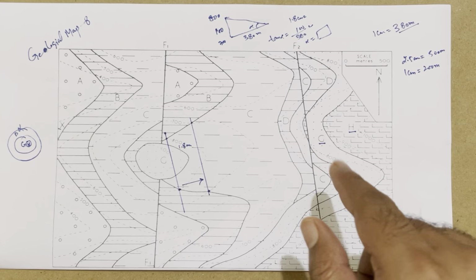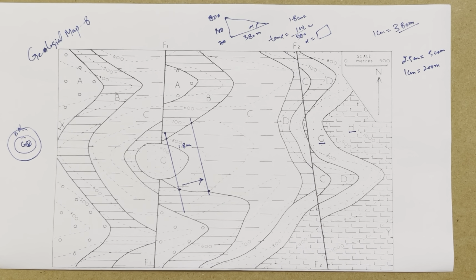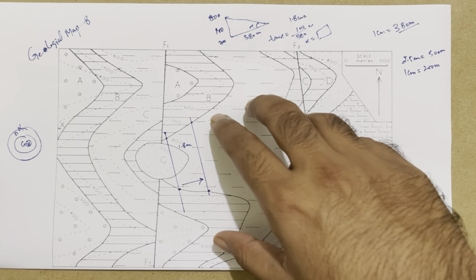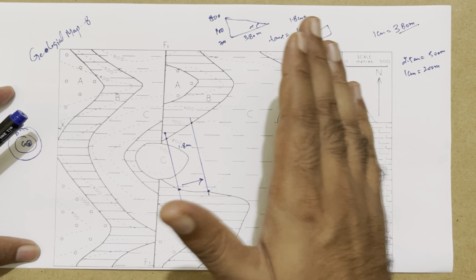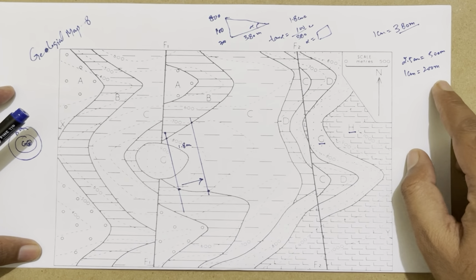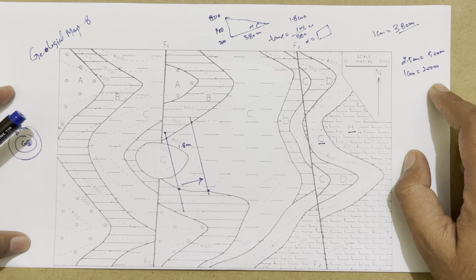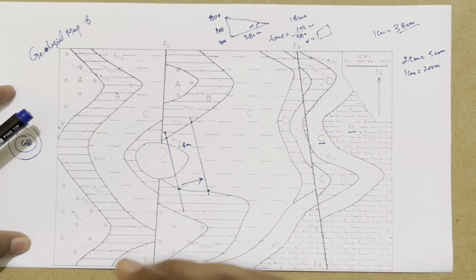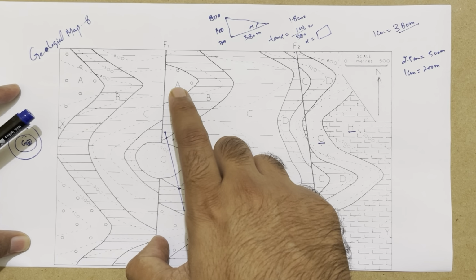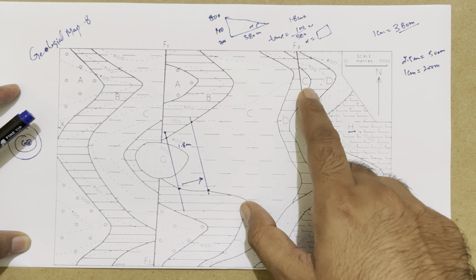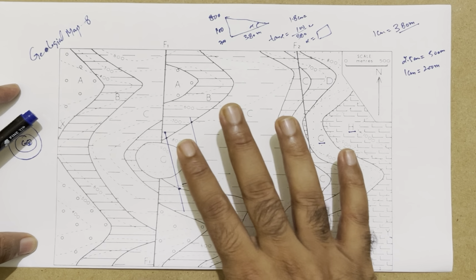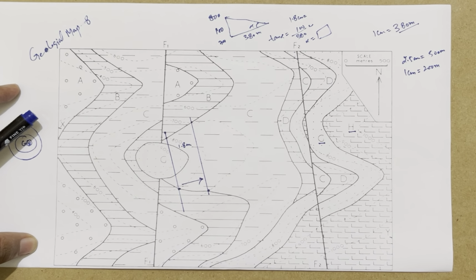Now we have to plot the data. If we look at this, the data is dipping like this toward the northeast side, and we are getting a fault. In between these two, which one is the older one?